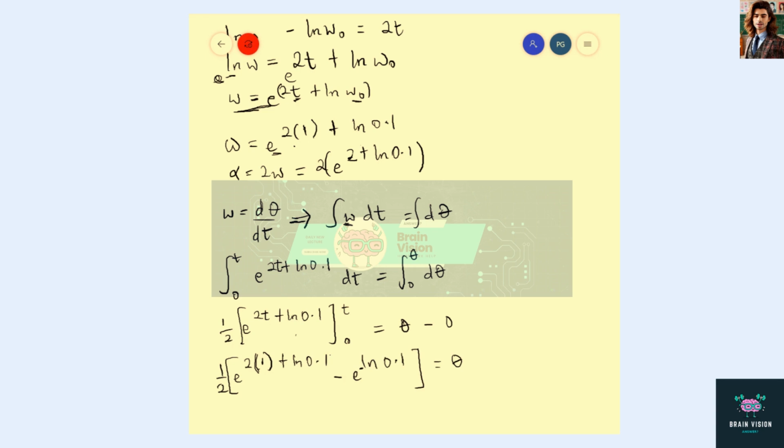And we can easily just solve this in the calculator. I'm not going to solve it now, I'm just going to leave it unsolved so I don't have to approximate.